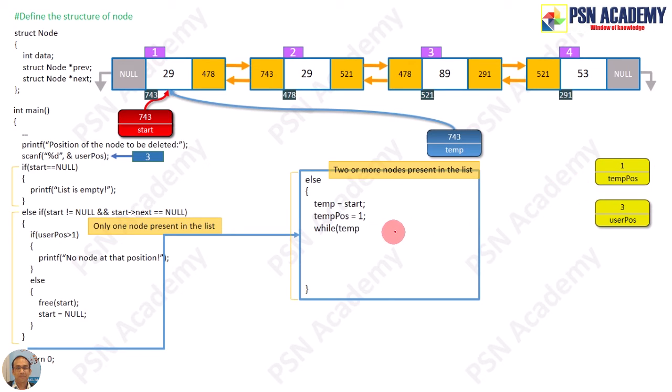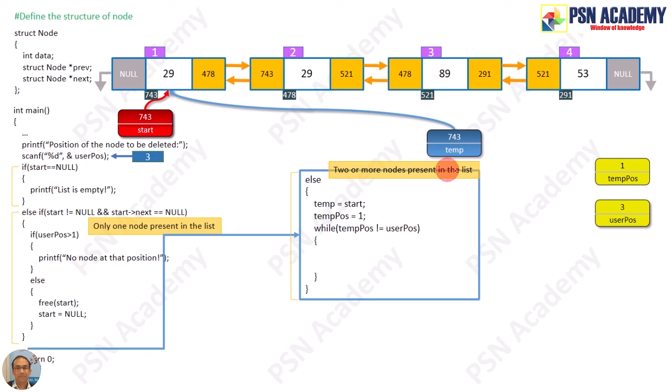Next, we write while temp pos not equal to user pos. Why? Because we want to move temp to the third position. Now, when it is in the first position, it is not the position desired by the user. So, whenever temp pos does not match user pos, we will move temp one node forward.